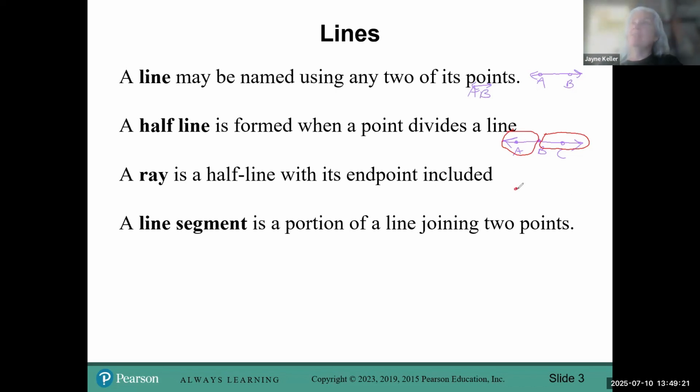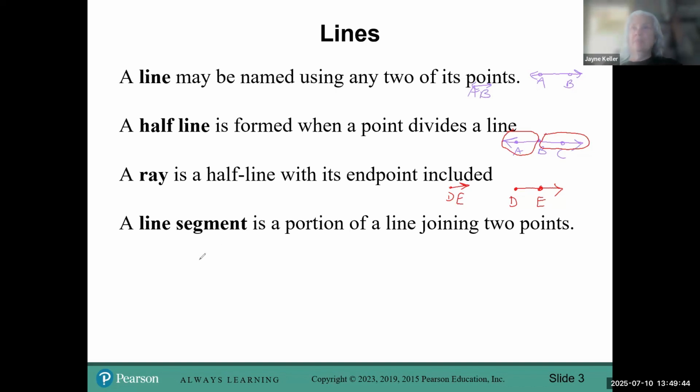So a ray starts at some point and then goes infinitely in that direction. This ray I would write like this, DE. And I show which side is going infinitely by putting the arrow on that side.